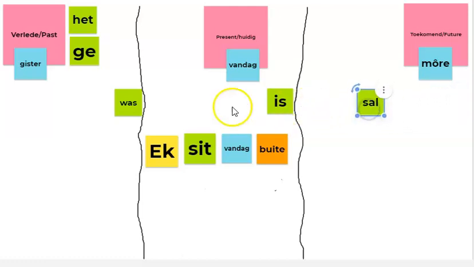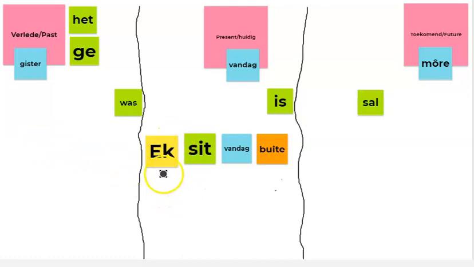All right, I'll look at some sentence construction just now with was and is and sal, but for today let's quickly focus on a normal sentence that you find in Afrikaans. I'm sure that when you were at school, your teacher also taught you about subjects and verbs and things like that. So let's have a look at this sentence and analyze it a little bit.